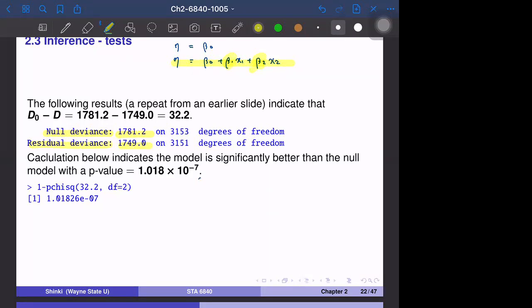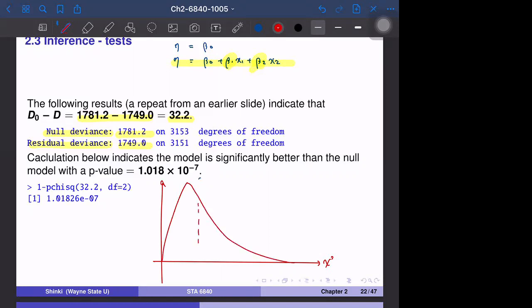So this difference, 32.2, follows a chi-square distribution with df 2. This number is pretty large, because a chi-square distribution with df 2 has expectation 2. 32.2 is much larger. The situation is we have the chi-square distribution here, 2 is the expectation, slightly larger than the mode, but 32 is a very large value, maybe around here.